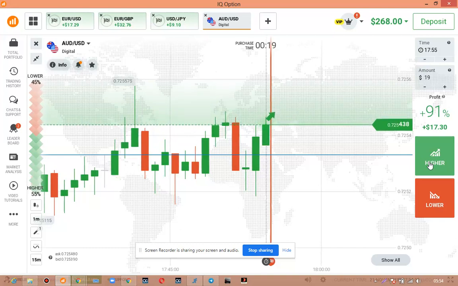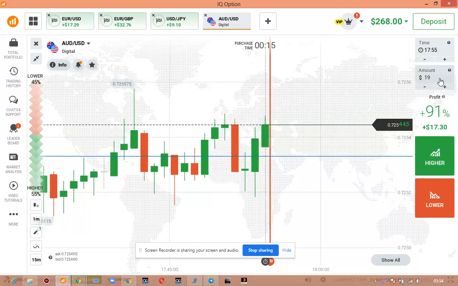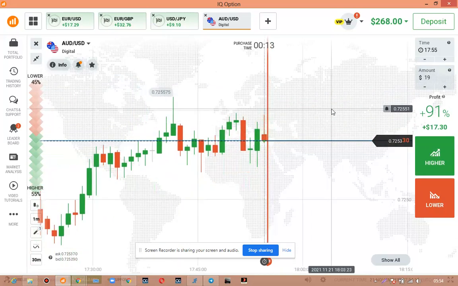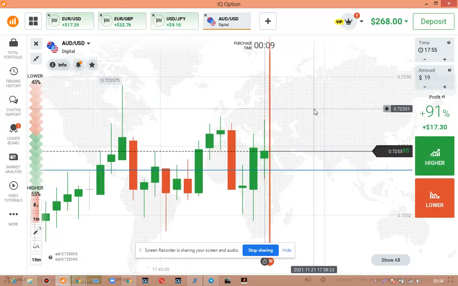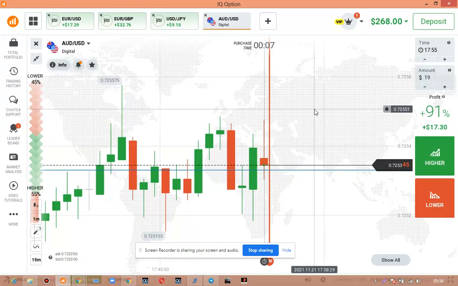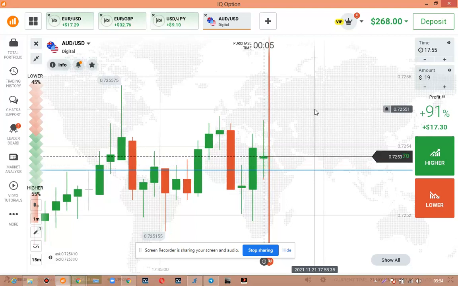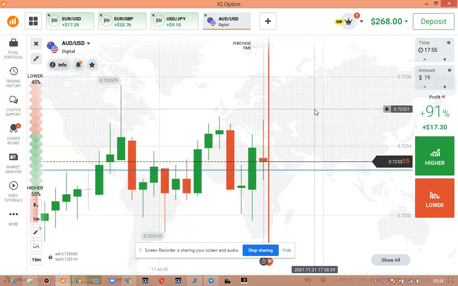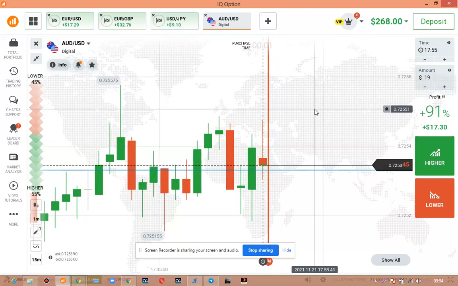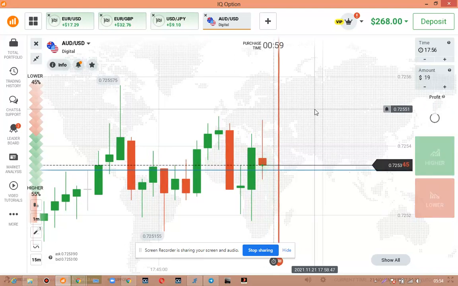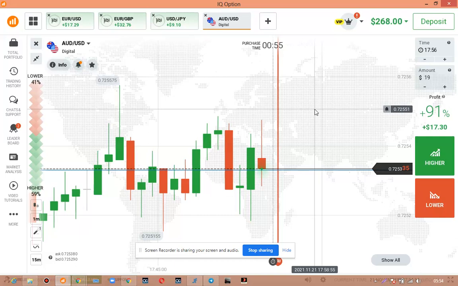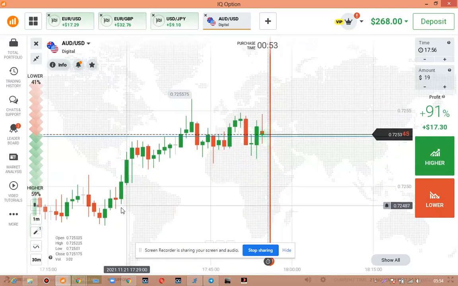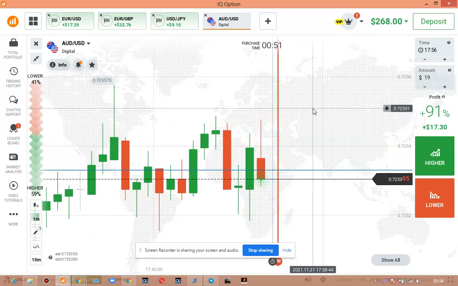I want to trade in the direction of the trend. This is uptrend.